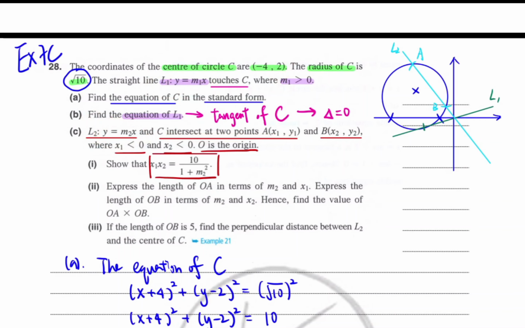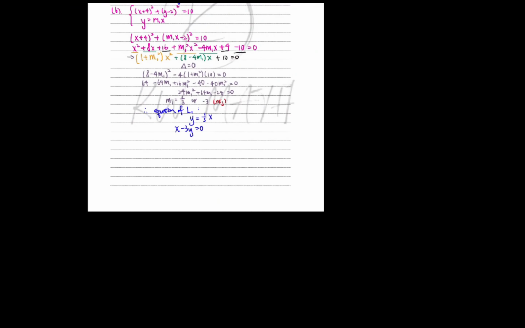So we go back to the equation. So for C1, firstly, we have x plus 4 all square plus y minus 2 all square equals to 10. And also y equals to, today is m2x.